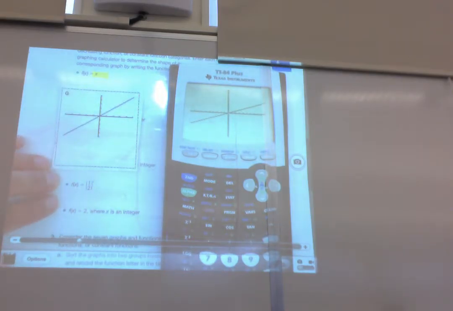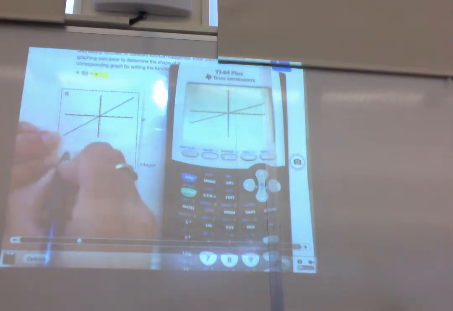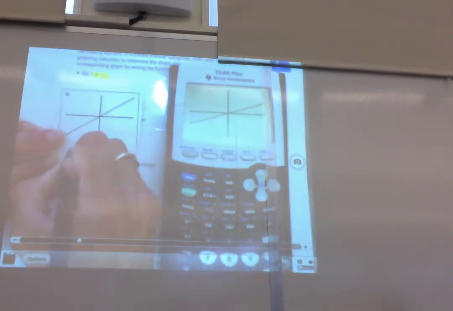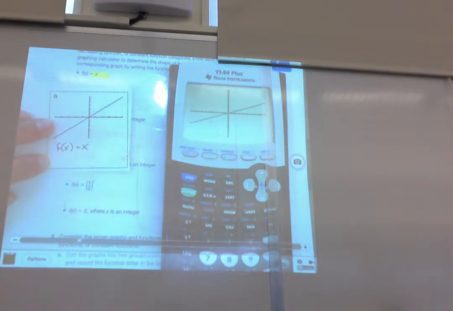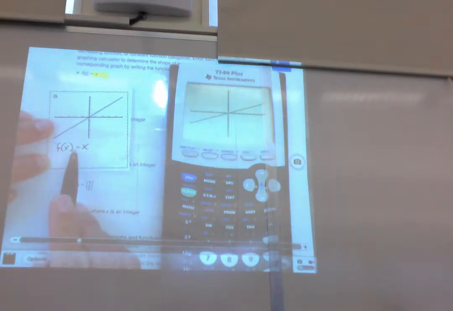Okay, so now I found piece G, and on that piece I'm going to write this function. I'm going to write f of x equals x. Now you might already have something written on there. Were we writing function or not function? See if you can fit that in. If you have to, put it on the back.